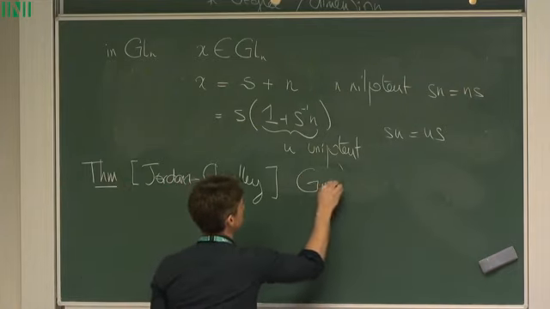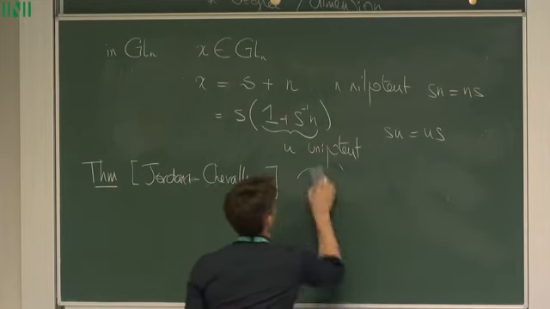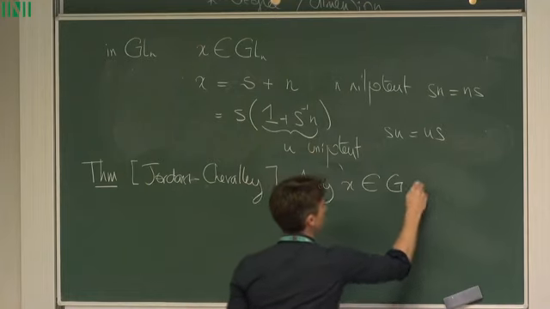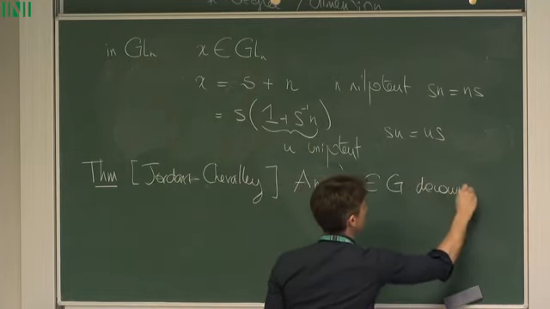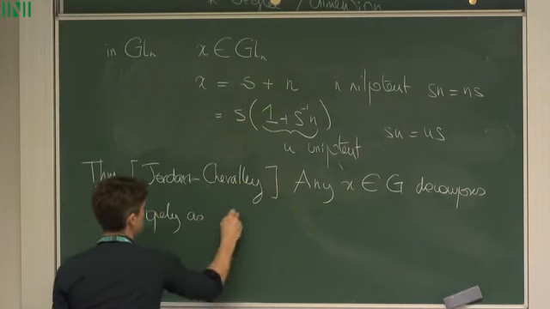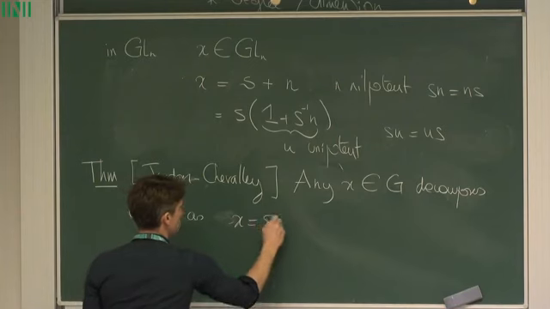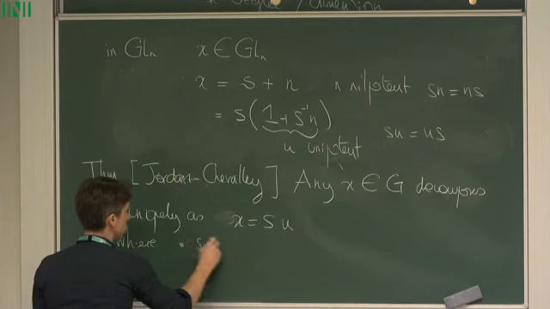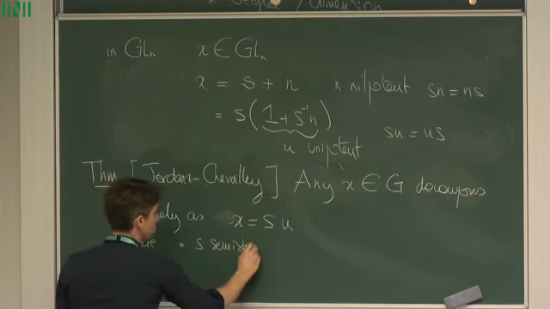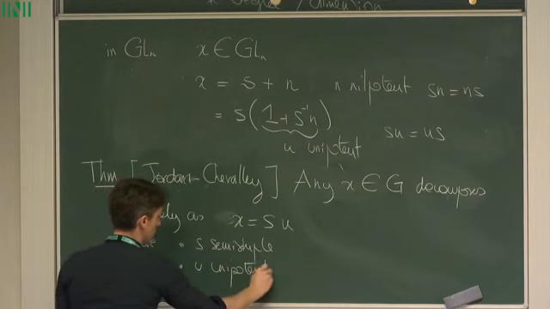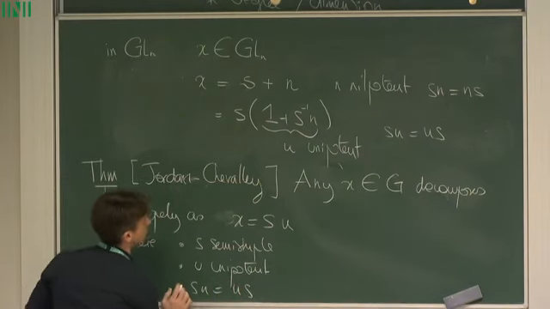So given X in G, it decomposes uniquely as X is S times U, where S is semi-simple, U is unipotent, and S and U commute. Okay.